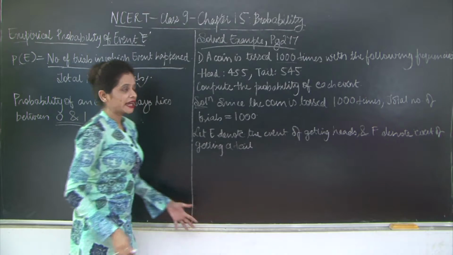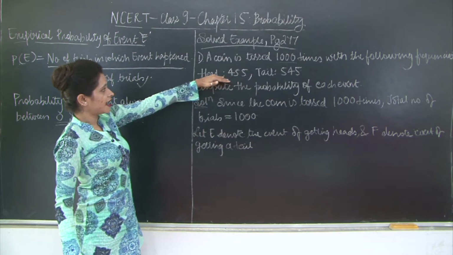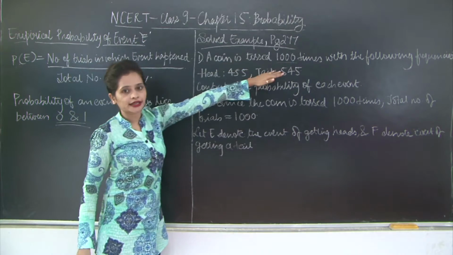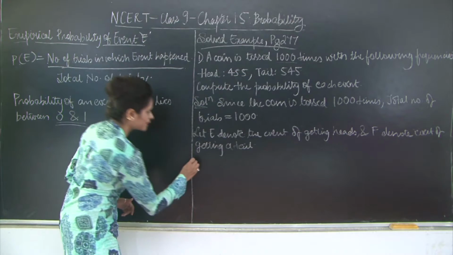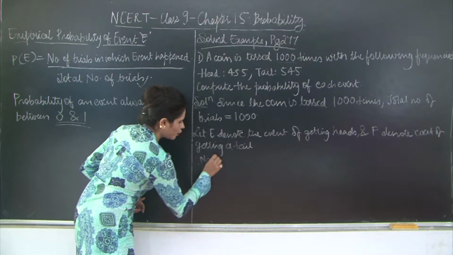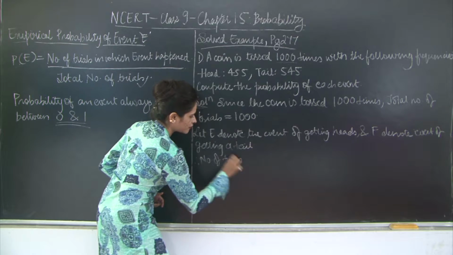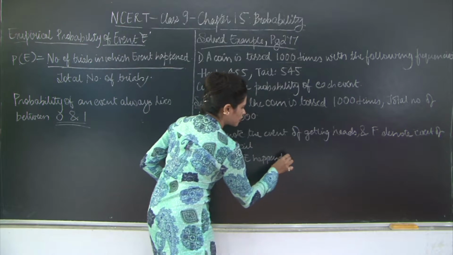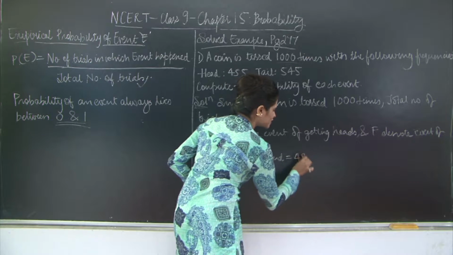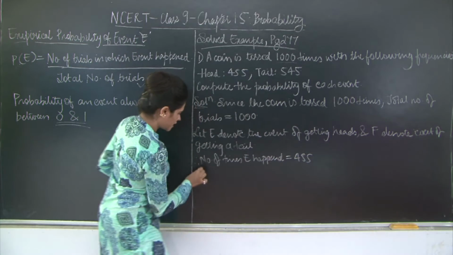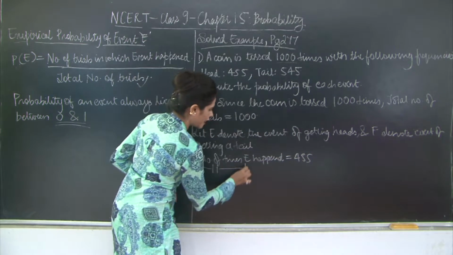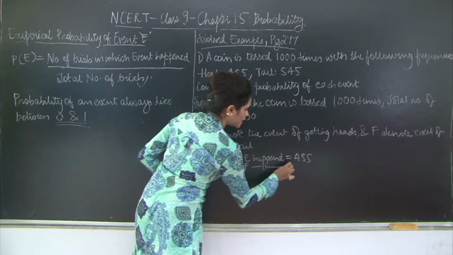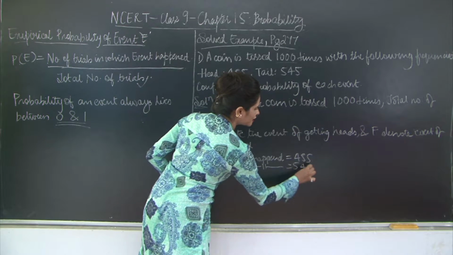So the number of times E has happened, that is head has appeared when you toss the coin 1000 times, is 455. Therefore, the number of times E happened is equal to 455, whereas the number of times F happened is equal to 545.